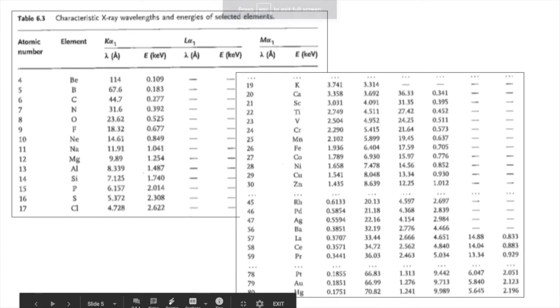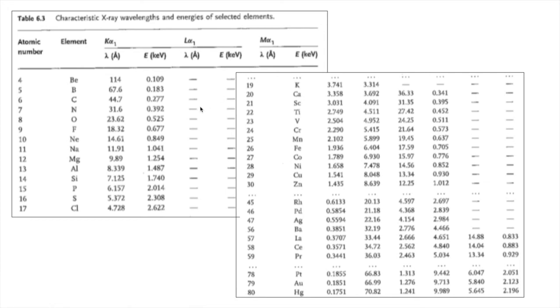Okay, so based on these values that we see in this table 6.3, again, this is in your textbook if you need to see more of this. I've just got a snapshot of it here. What I want you to do is a question on the quiz: suggest what the energy scan range should be if we want to detect the K series for the first element, which is cerium.